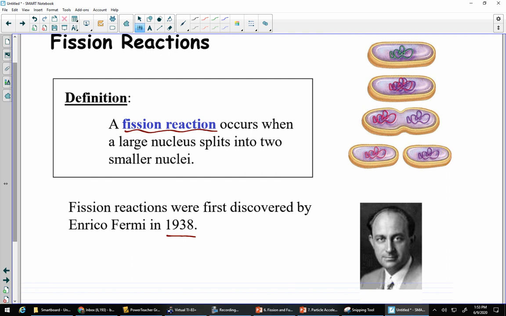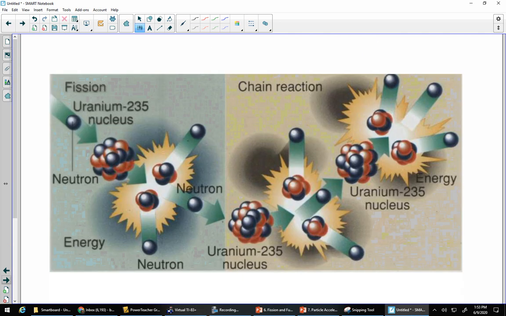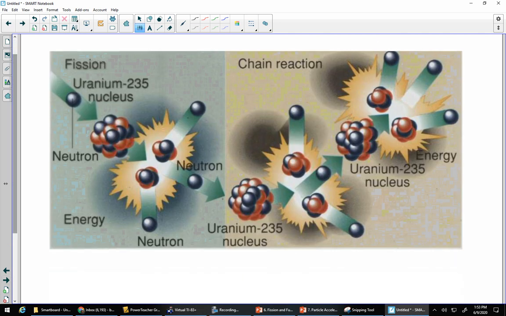A fission reaction occurs when a large nucleus splits into smaller ones. Remember, we talked about fission being like cracks and breaks, or fissures, so it's cracking, breaking apart into smaller things. Here's the big idea. I've got a nucleus, which may already be fairly unstable, but I have a slow enough moving neutron that attaches to that nucleus.